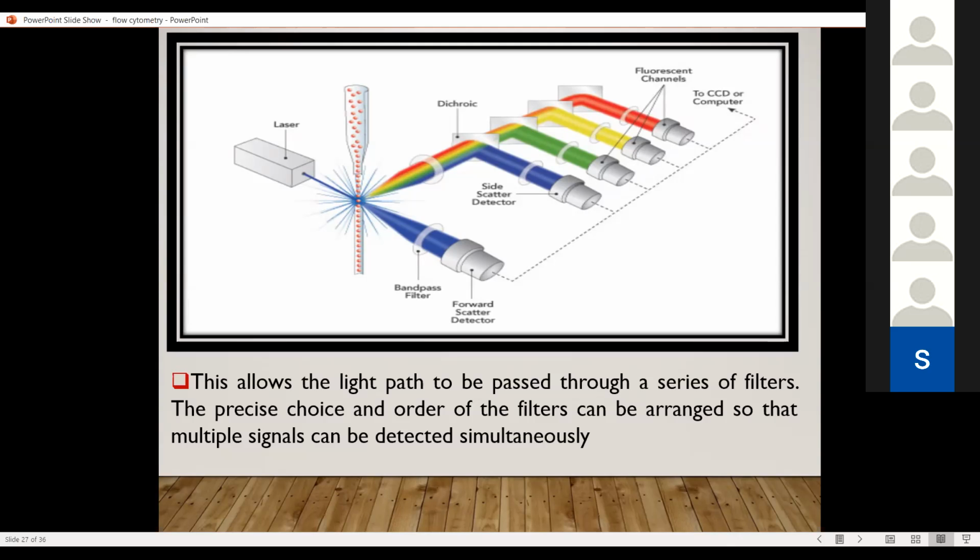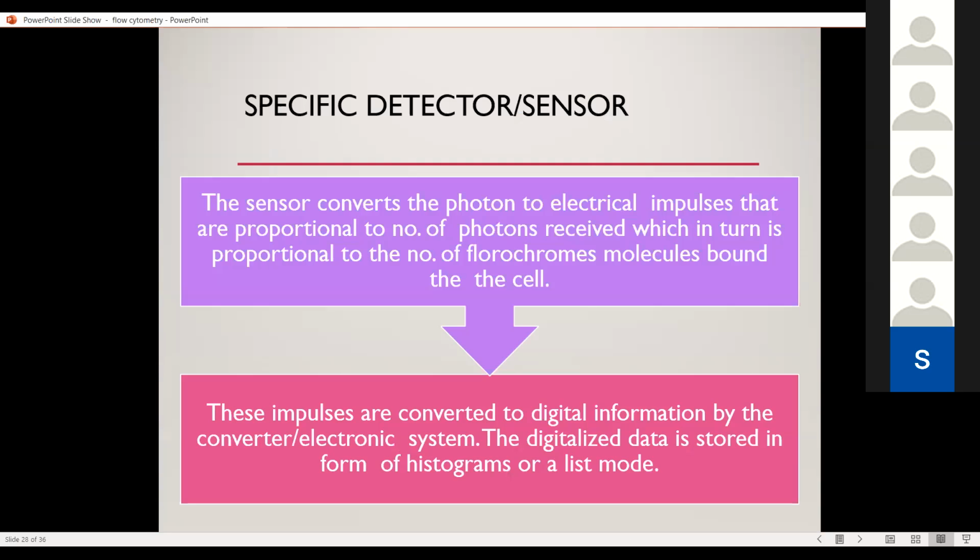The precise choice of the filters which we arrange in the flow cytometer will depend upon the analyzer, so that multiple signals can be detected simultaneously. The detector, as I have told you, will detect the light reflected by the dichroic filters or short pass, long pass filters.